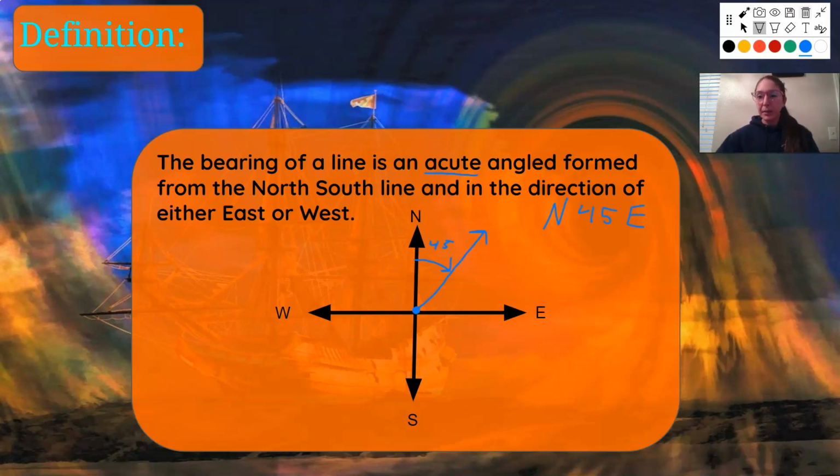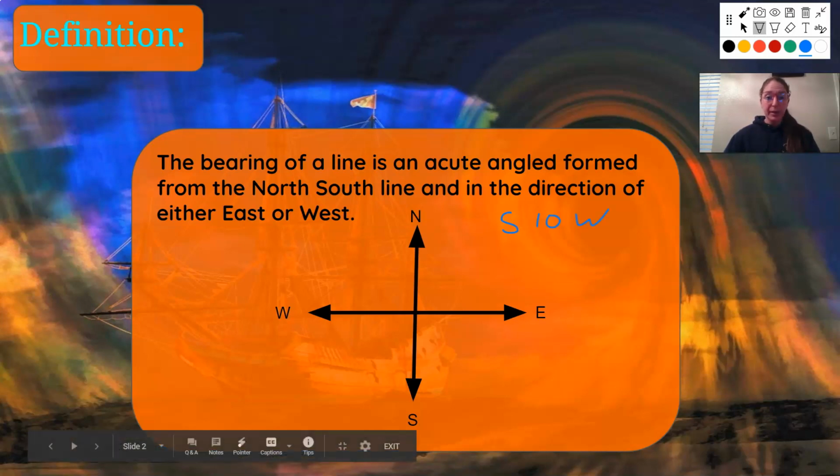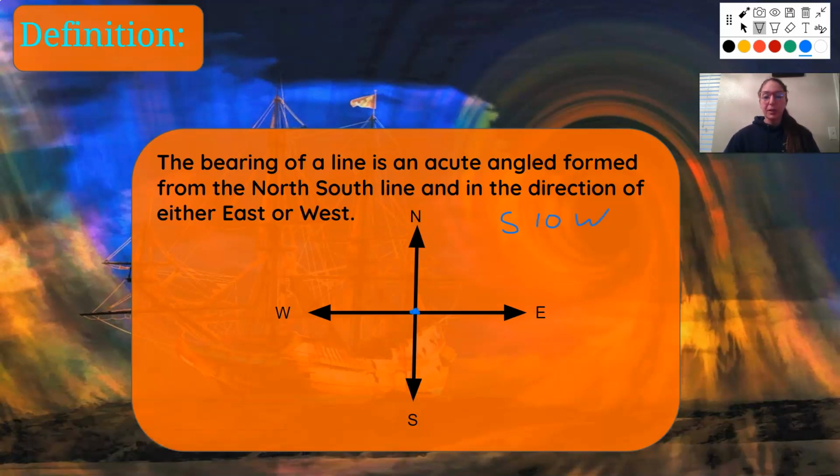Okay, let's look at another one. What if I said, let's do something from the south. What if I said south 10 degrees west? Well, the south cues you in, okay, I'm using the south line. I'm going to start from the south line, and I'm going to go 10 degrees. Remember, everything's going to start from this origin here.